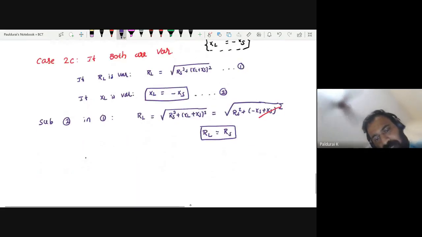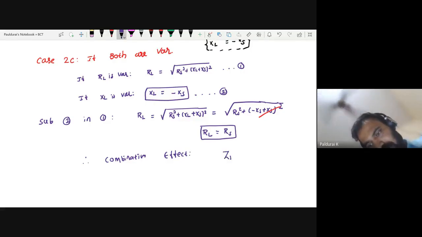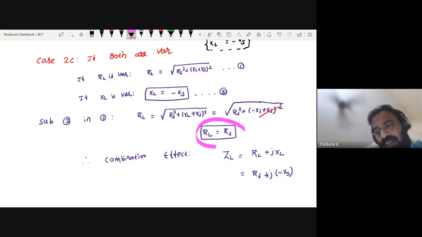Now combine these two, the combination effect. What is my ZL? ZL in general is RL plus jXL, where RL equal to Rs and XL equal to minus XS. So this is Rs minus jXS.